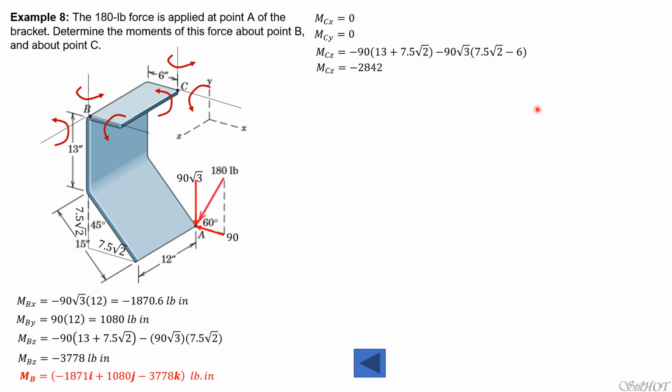So MCZ is equal to negative 2,842.7 pound inch. So in vector form, MCZ is negative 2843 pound inch K, or about 2840 pound inches. So those are the answers to this problem.